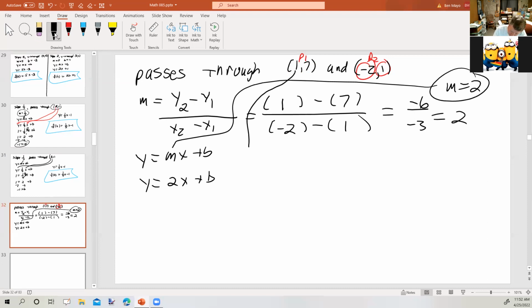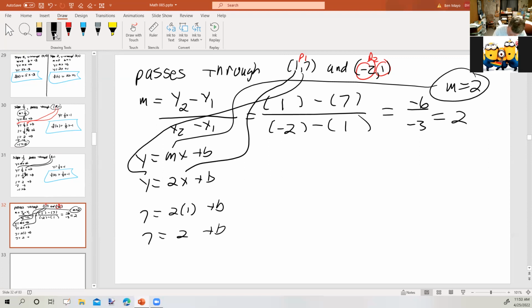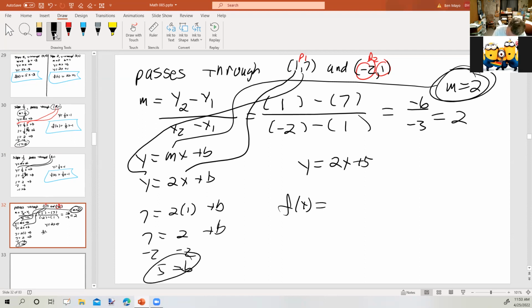So x is going to be 1 and y is going to be 7. So 7 equals 2 times 1 plus b. 7 equals 2 plus b. Subtract 2. B equals 5. So the slope is 2. The y-intercept is 5. Y equals 2x plus 5. F of x equals 2x plus 5.